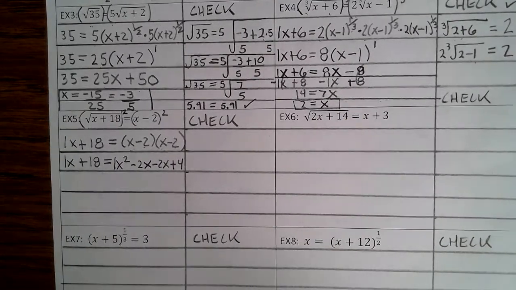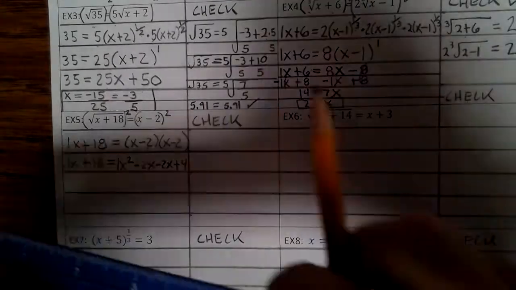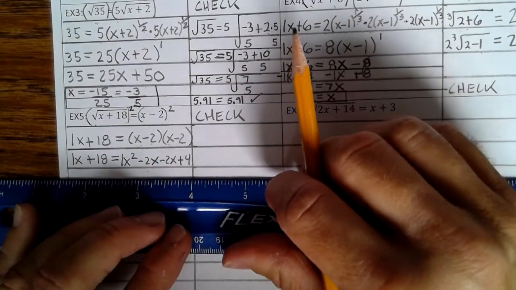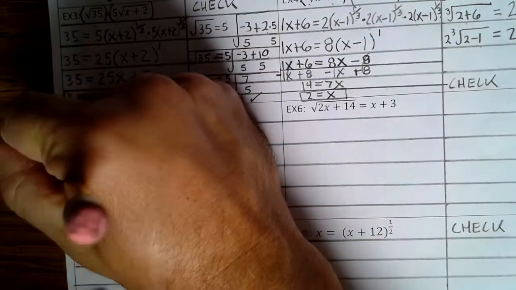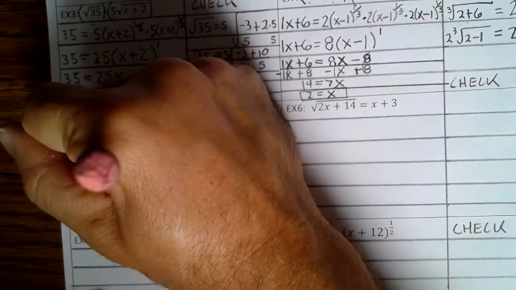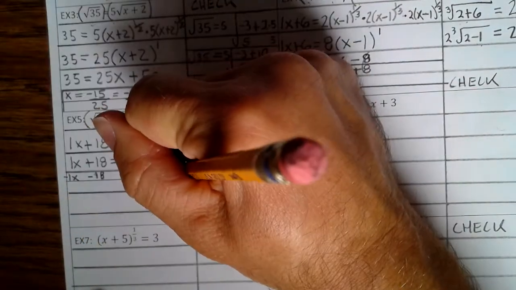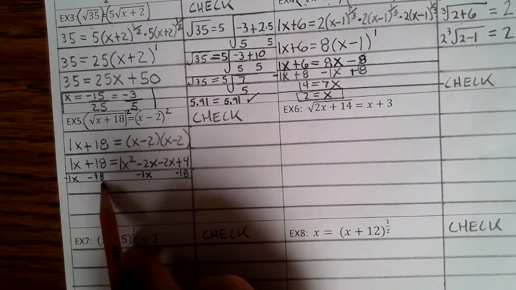Okay. Now we need to subtract 1x from both sides, and subtract 18 from both sides. Notice how I'm keeping the x's with the x's and the constant with the constant. Well, that cancels.